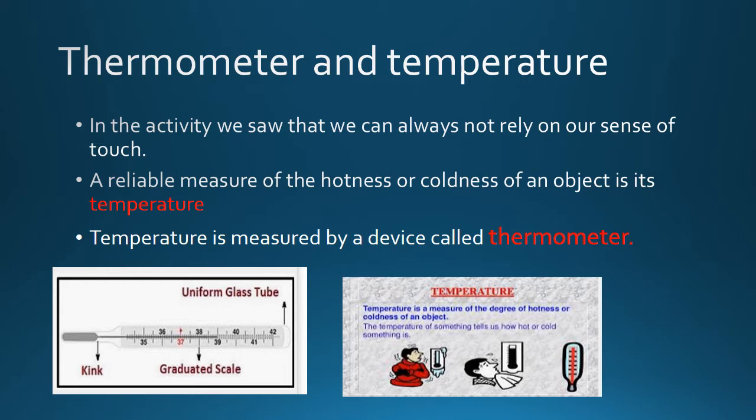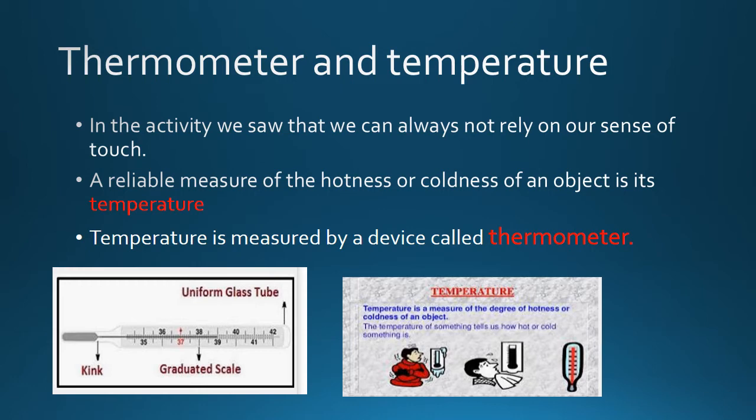So we cannot always rely on the sense of touch, and the proper measurement of the hotness or coldness of an object is its temperature, which is measured by a device, the thermometer. Temperature is a measure of the degree of hotness or coldness. The temperature of something tells us how hot or cold something is.